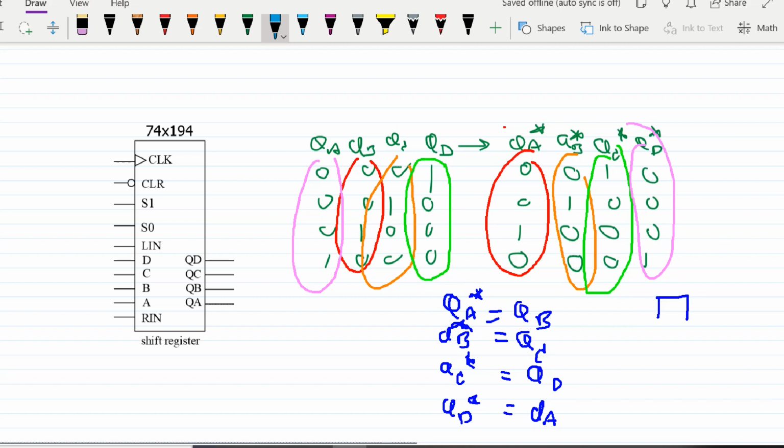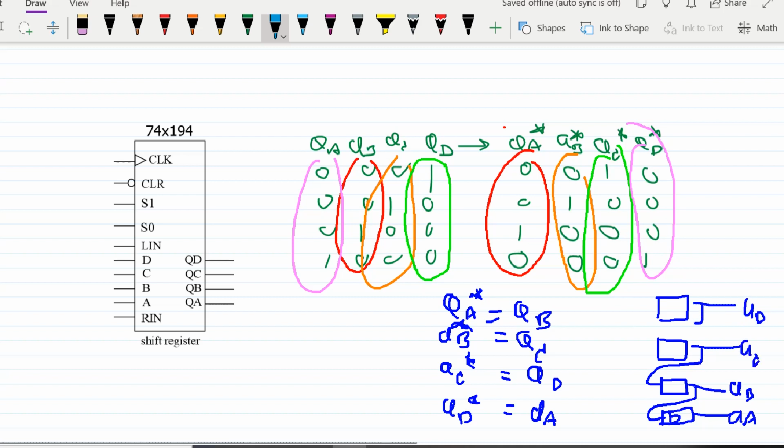Okay, you design by using D flip-flops. QB connects to input D of QA, and connect QC to QD, connect QD to the input of QB, and this input is from the external input, 0 in.